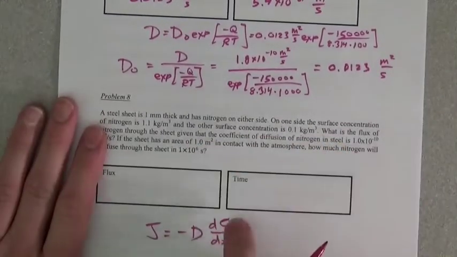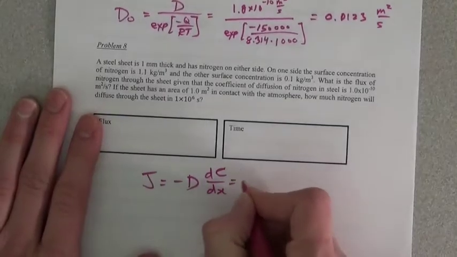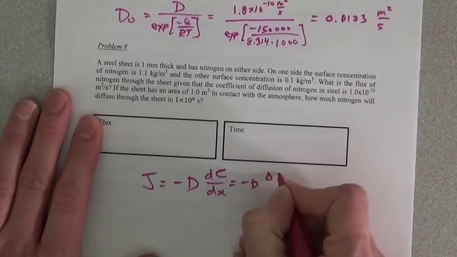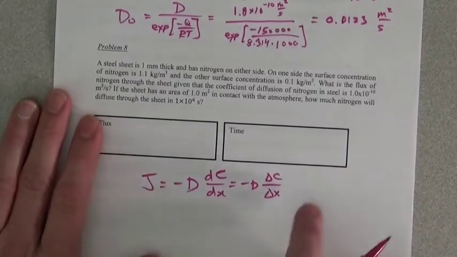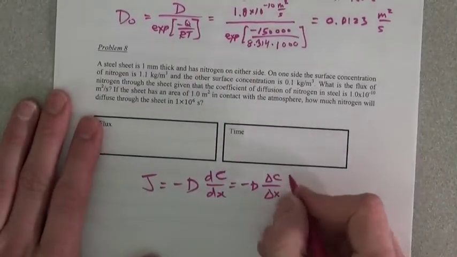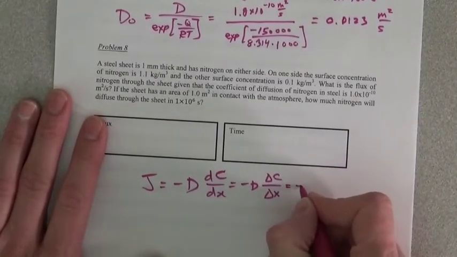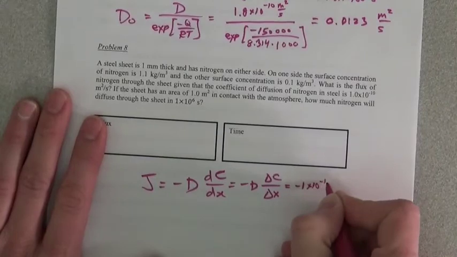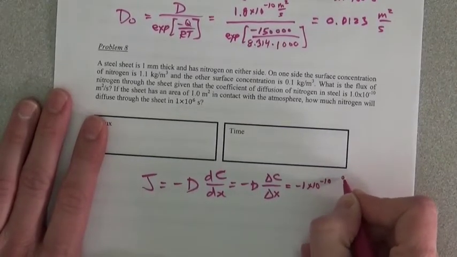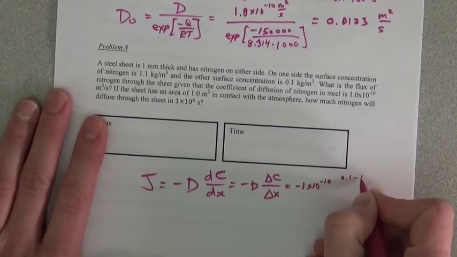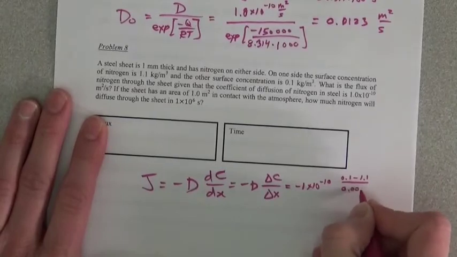In this case, we can replace the derivative with differentials, minus D delta C over delta x, and putting in our handy numbers, we get minus 1 times 10 to the minus 10 times 0.1 minus 1.1 divided by 0.001.